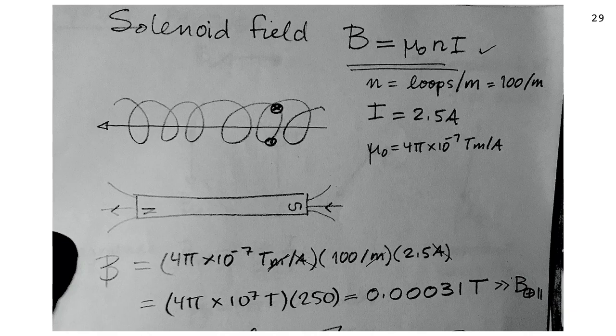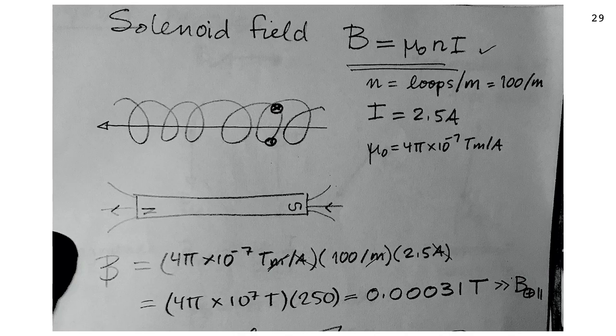Now let me use my red ink pen to cancel meters. The constant mu naught has a meter in the numerator, and loops per meter is in the denominator. And then I cancel amps. So they're out, and now I just have Teslas. Now we just calculate.